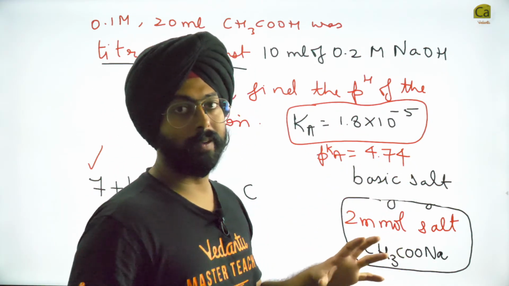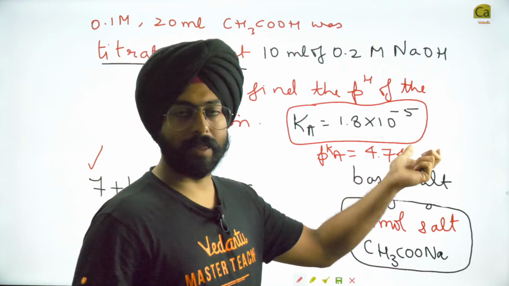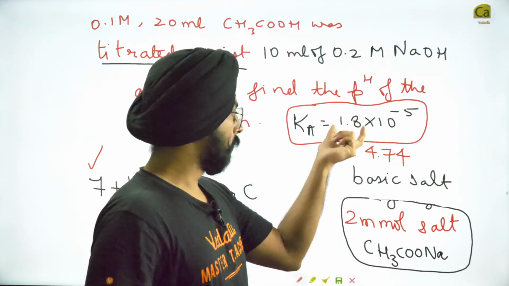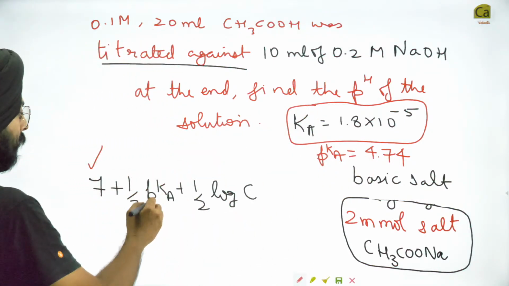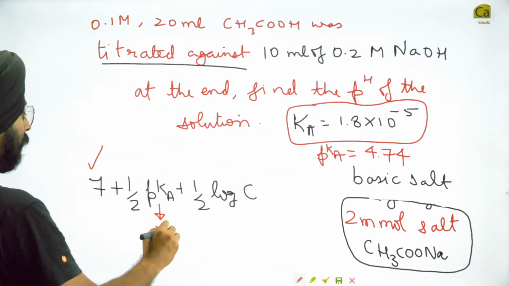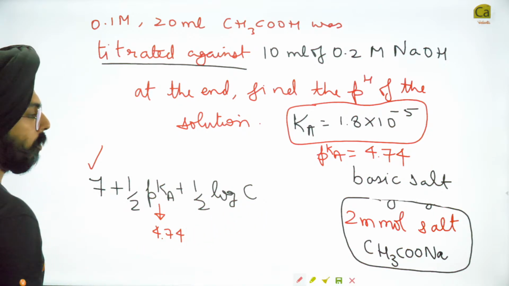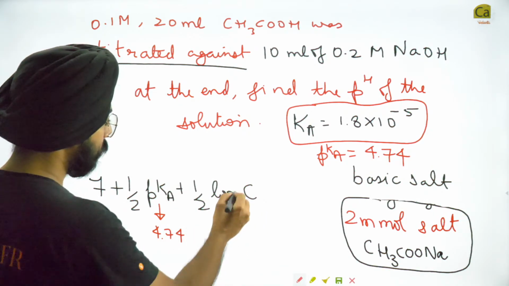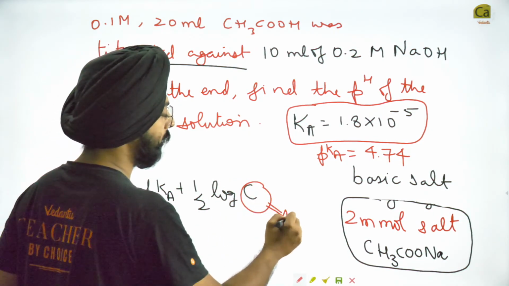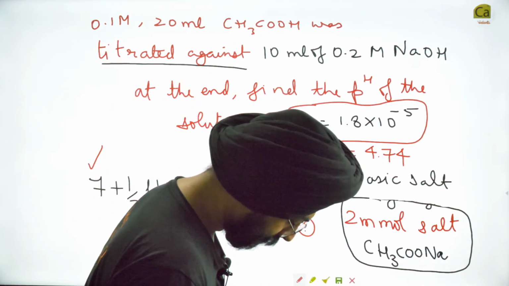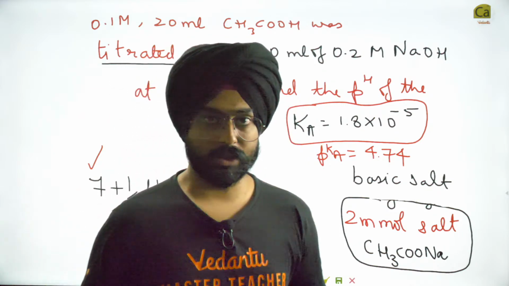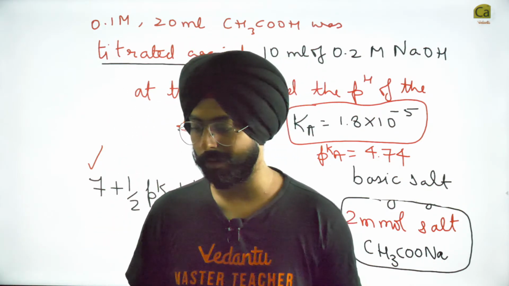There was a question where we were comparing a buffer solution of CH3COOH and HCl with this concentration. Remember? So pKa is 4.74. Write the value 4.74 here. What about log C? What is the concentration? Can you guys tell me what's the value of concentration over here? That's the catch now.